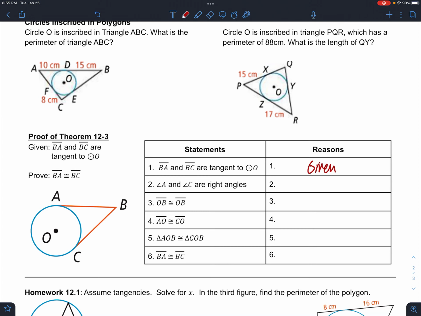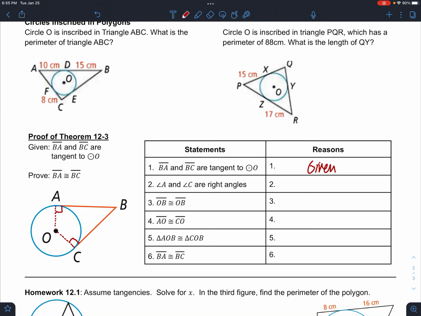It says that angle A and angle C are right angles. So the picture actually wasn't perfect. We needed to draw those in there. And then we can see angle A. They're saying that this is the case, that we have right angles there.